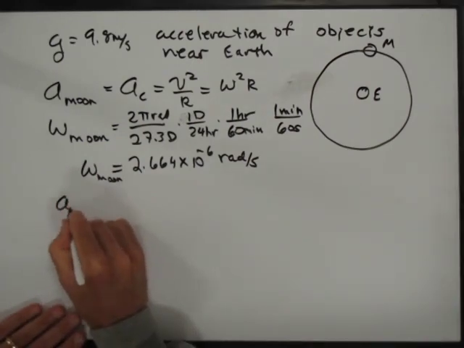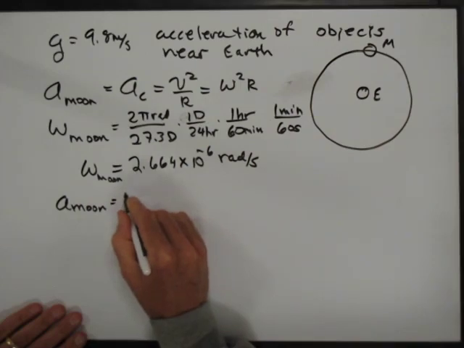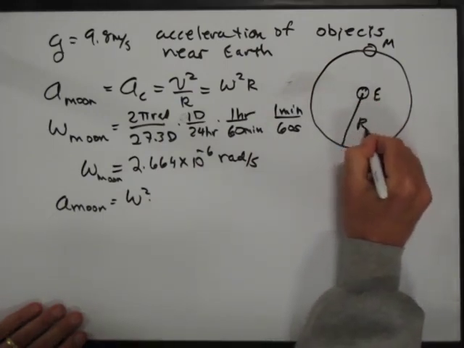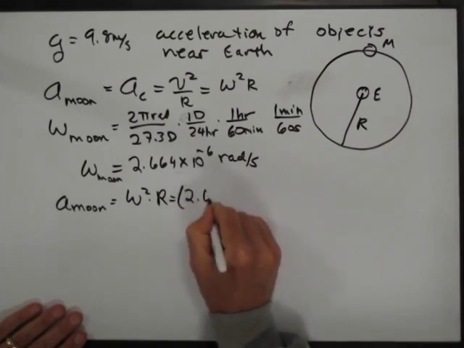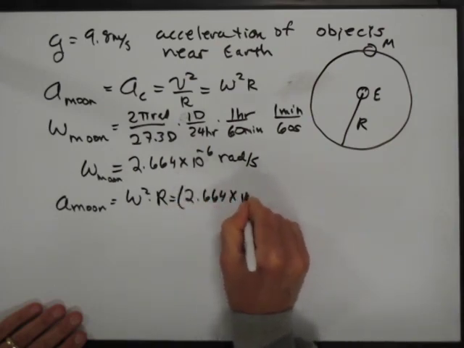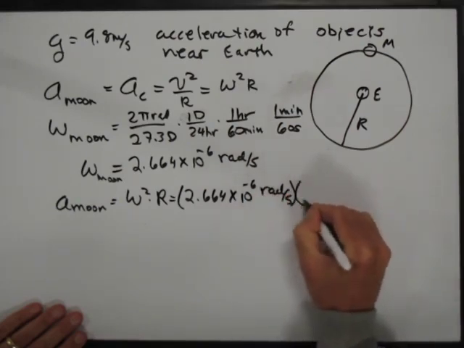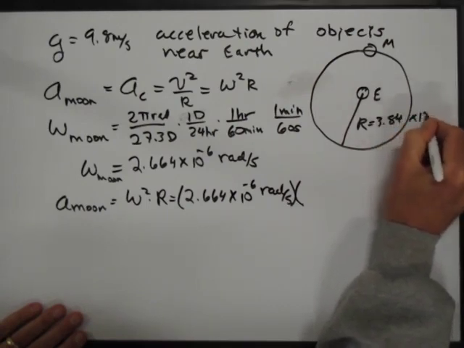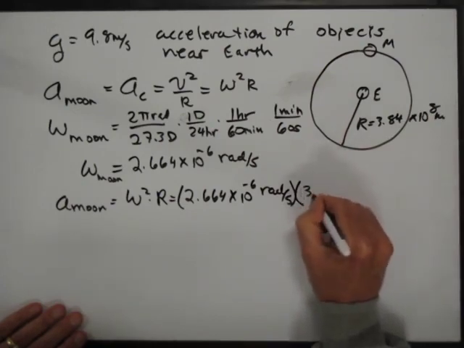And so now we can calculate the acceleration of the moon, and that's omega squared times r. So this is 2.664 times 10 to the minus 6 radians per second times the distance to the moon, which is 3.84 times 10 to the 8th meters, which they knew approximately in Newton's time.